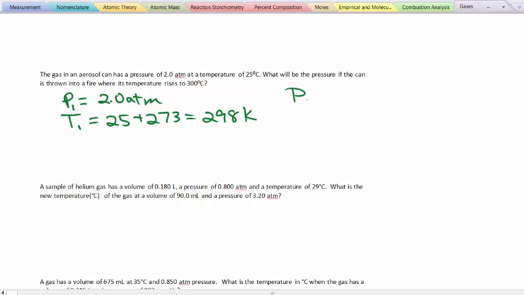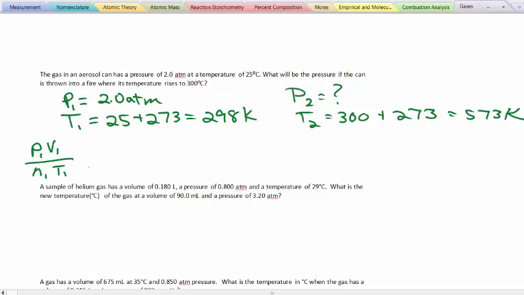And it wants to know what the pressure will be if the temperature rises to 300, so that's going to be 573 Kelvin. Again, P1 V1 over n1 T1 equals P2 V2 over n2 T2.